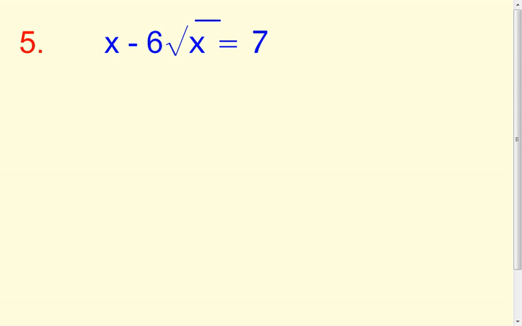All right, then this one is a little bit different because you've got a radical in there, and it's not set equal to 0, so you need to kind of think about that a little bit. First of all, I'm going to move that 7 over, so I have minus 6 times the square root of x minus 7 equals 0. Okay. Then on this one, if that radical is kind of freaking you out, you need to remember your rules about how to change things from radicals to fractional exponents.